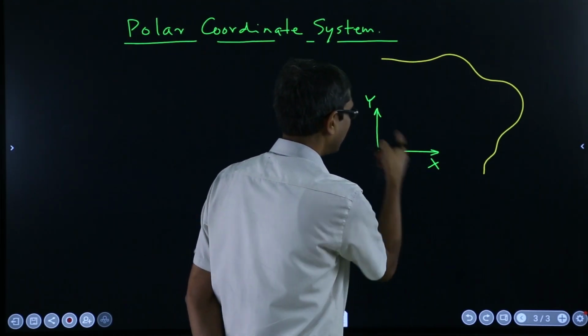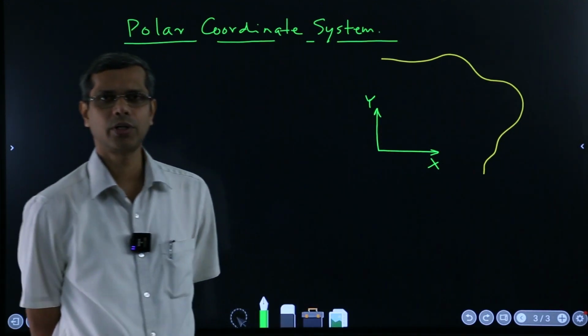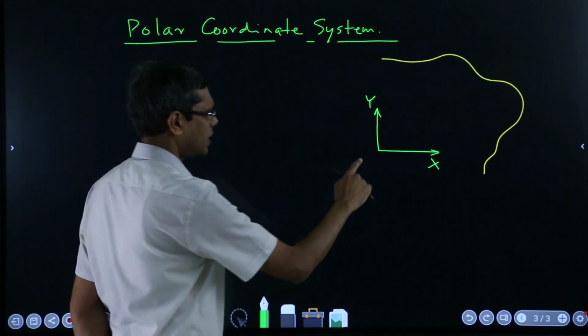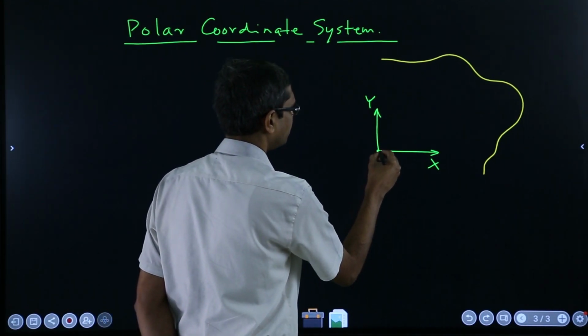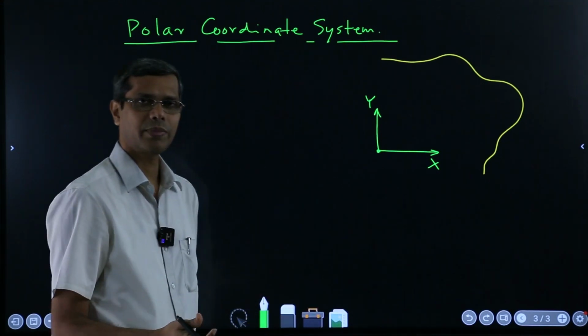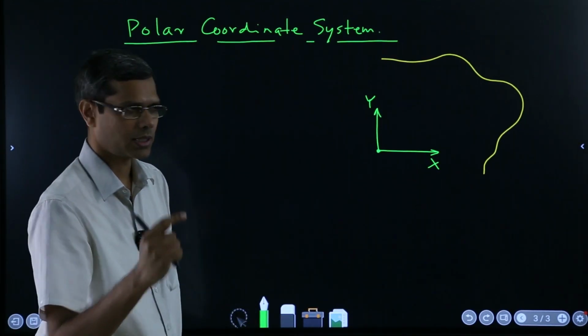Okay, though finally they won't directly come into our equations, but we have to define some direction and some origin so that we will measure some angle and some distances.